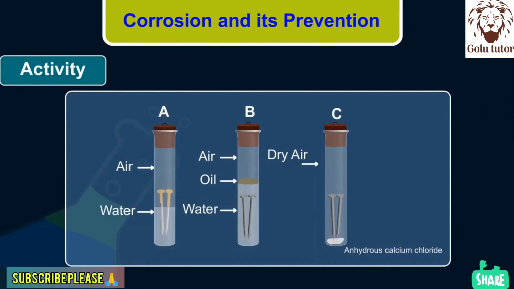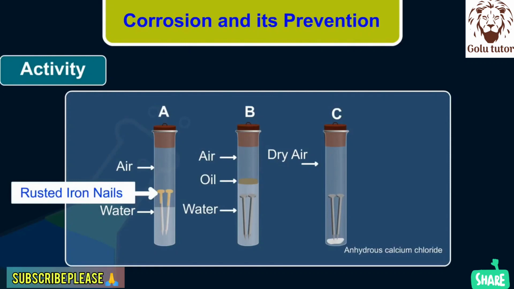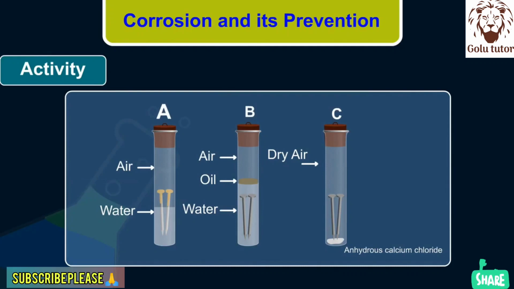You will observe that iron nails rust in test tube A, but they do not rust in test tubes B and C. In test tube A, the nails are exposed to both air and water. In test tube B, the nails are exposed to only water. And the nails in test tube C are exposed to dry air.